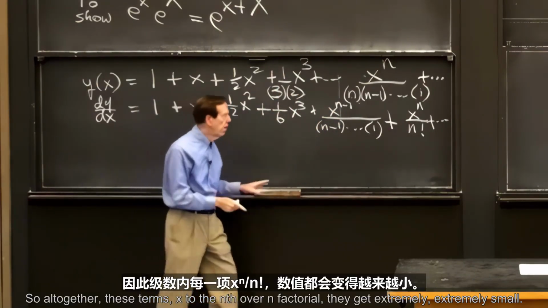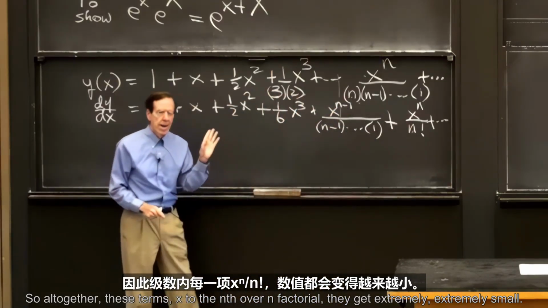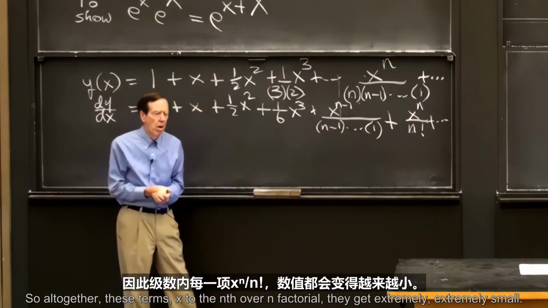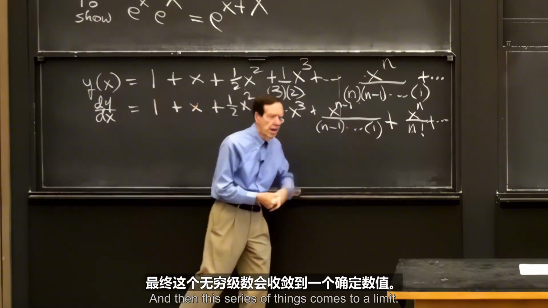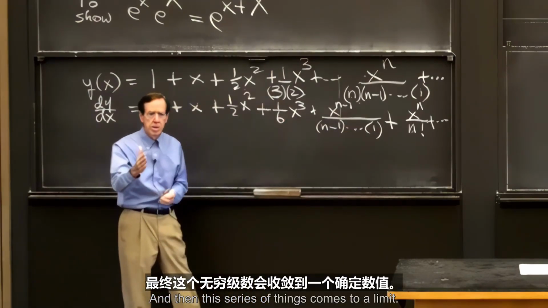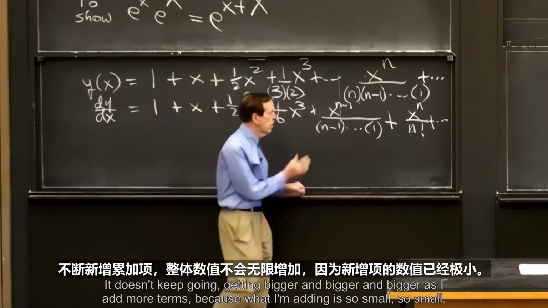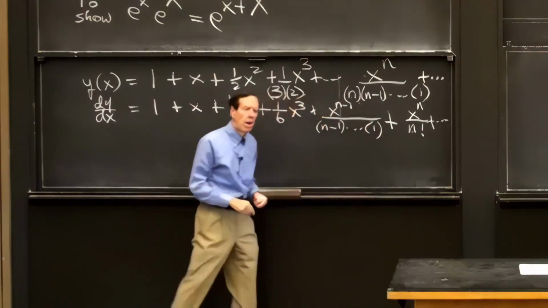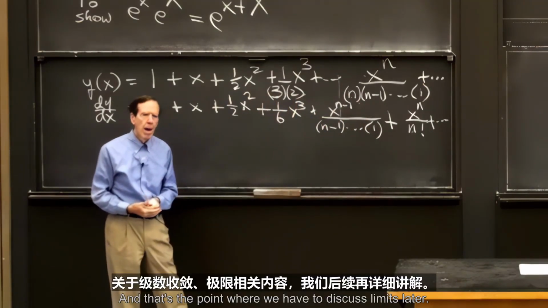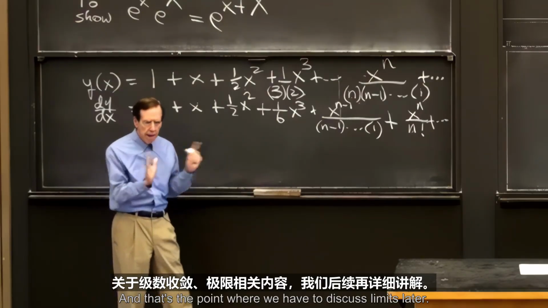So altogether, these terms, x to the nth over n factorial, get extremely, extremely small. And then this series of things comes to a limit. It doesn't keep going, getting bigger and bigger as I add more terms, because what I'm adding is so small, so small. And that's the point where we have to discuss limits later.